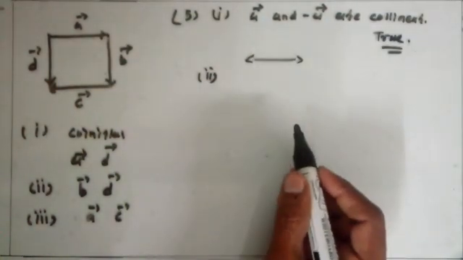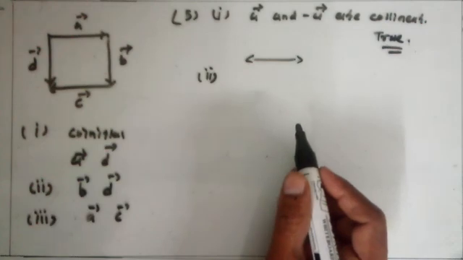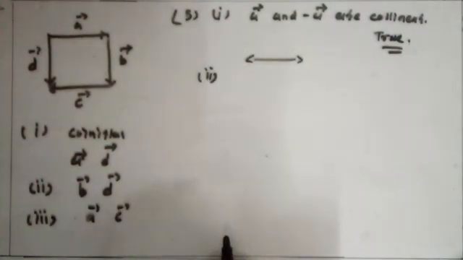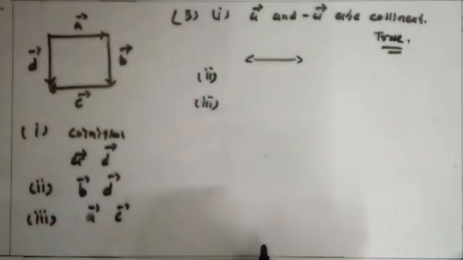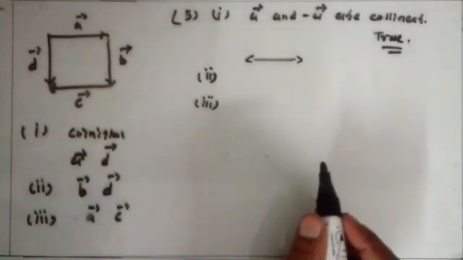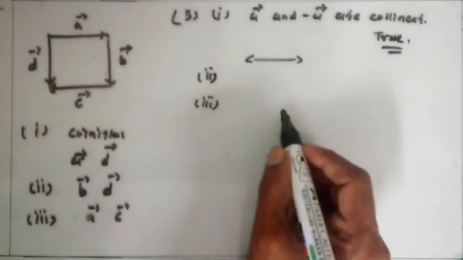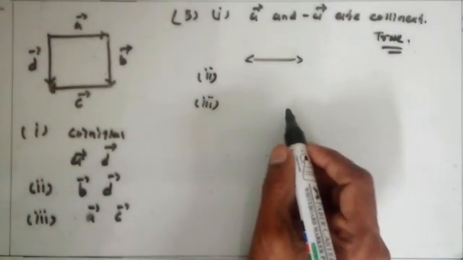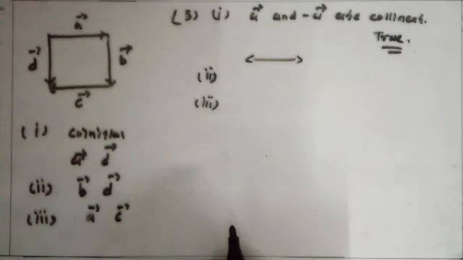And the second, two collinear vectors are always equal in magnitude, is false. Next, third, two vectors having the same magnitude are collinear, is false, because two vectors with the same magnitude may not be parallel to the same line. So this statement is false.